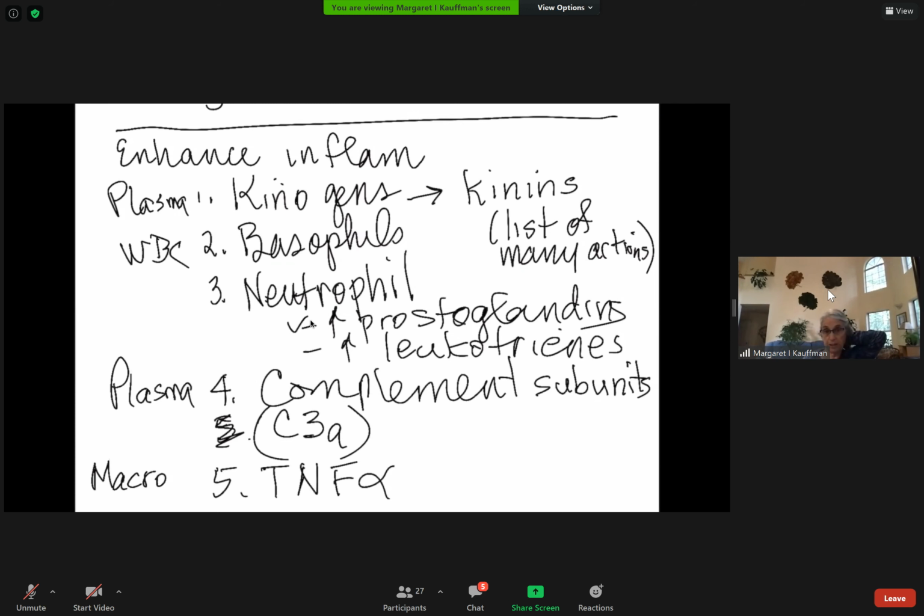So I'm hoping that what you're getting from this is, one, that there's lots and lots of ways to increase inflammation. And all of the ways down here are from your innate response. So this is like a snowballing effect. Once you start inflammation, you have fluids and cells leave your blood into the tissues, and that promotes more inflammation.